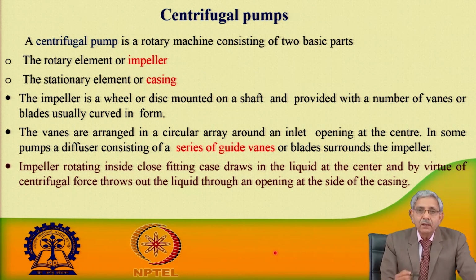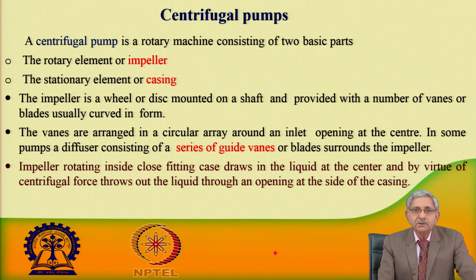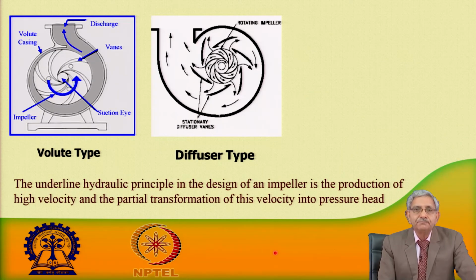So, when this impeller gets the drive from the shaft, from the motor or from an engine, what it does when it rotates is bring liquid in and then throw out this liquid at the side of the casing. This is the way water comes out of the pump.